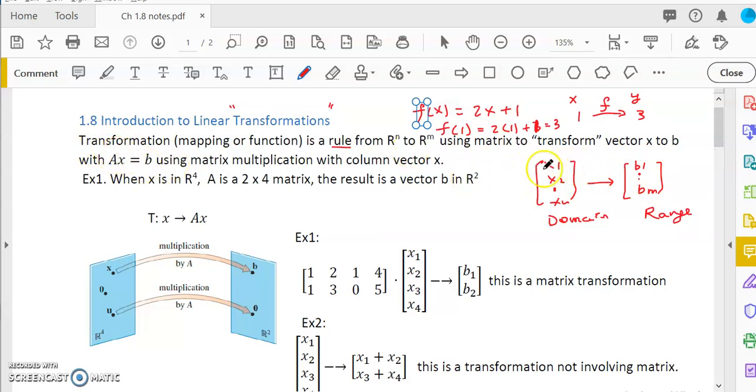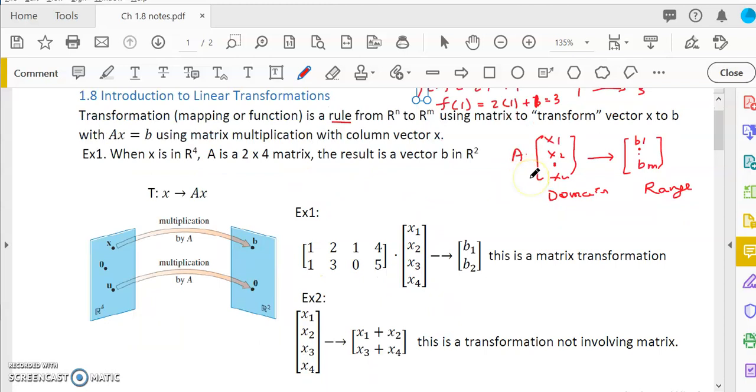You multiply the matrix in front, and it becomes this. We call this a matrix, and this is a transformation. If you are using a matrix to do the transformation, it's called a matrix transformation or a linear transformation. We'll talk about those later.